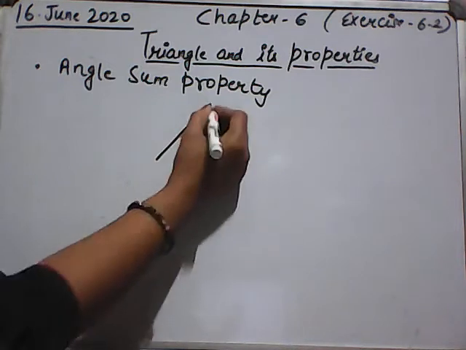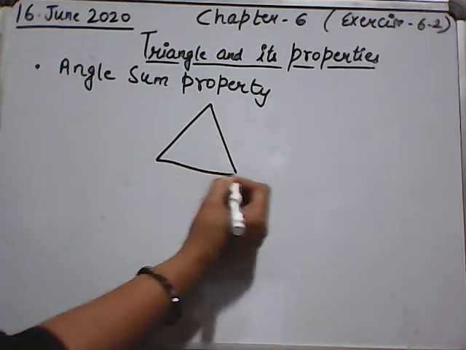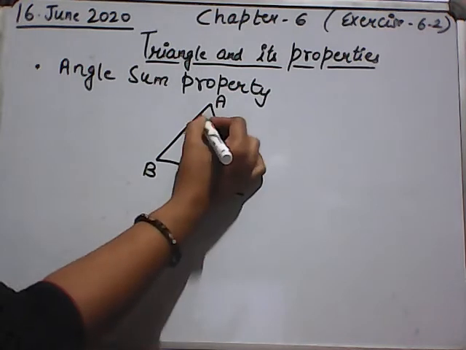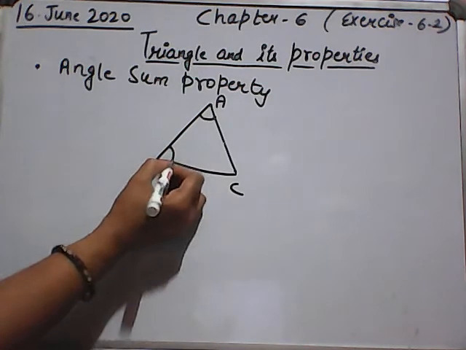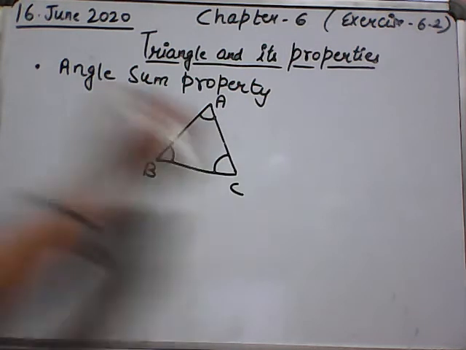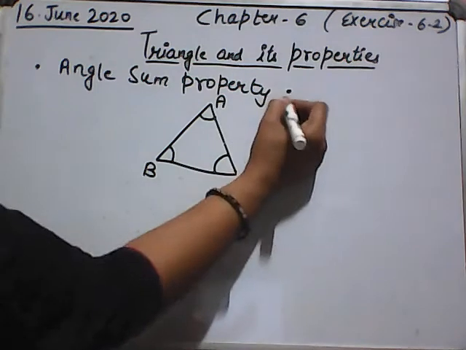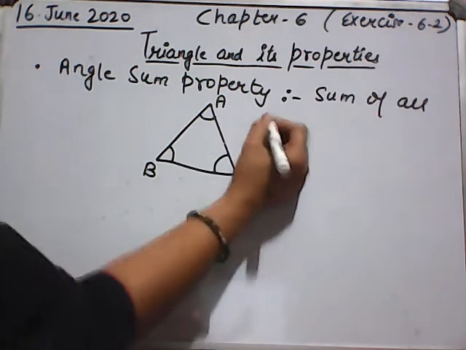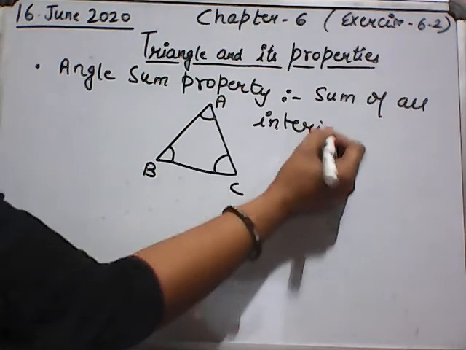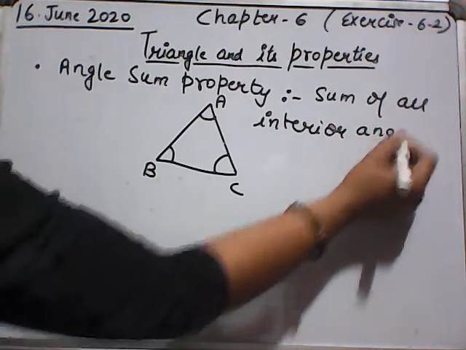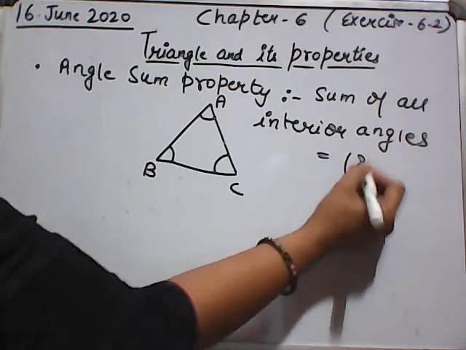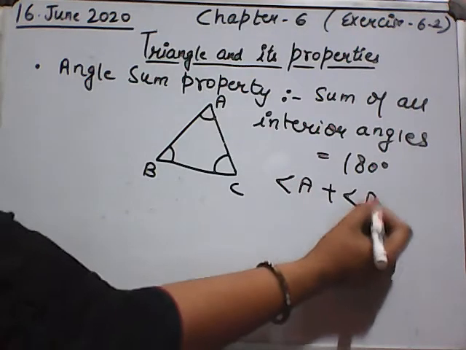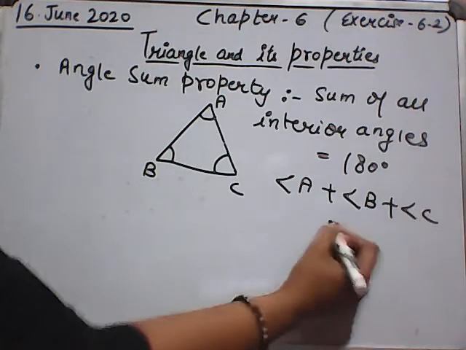Suppose this is a triangle ABC, and the sum of all interior angles, angle A plus angle B plus angle C, is equal to 180 degrees.